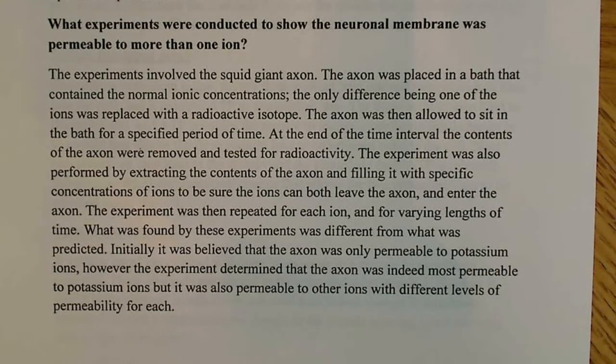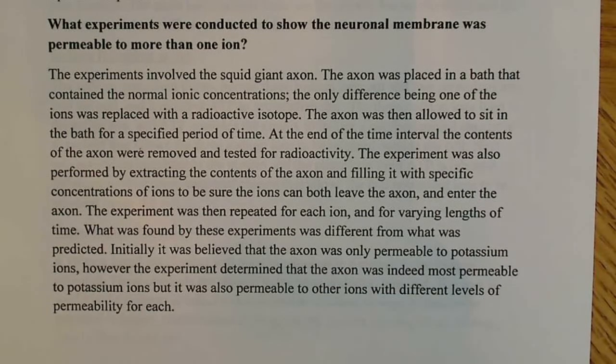The experiment was also performed by extracting the contents of the axon and filling it with a specific concentration of ions, to be sure that the ions were both leaving the axon and entering the axon. What the researchers wanted to do was make sure it wasn't a one-way street, meaning the ions could enter the axon but couldn't leave, or vice versa.